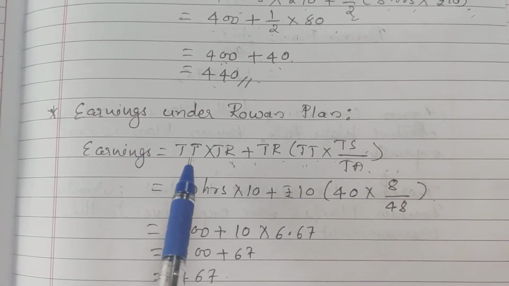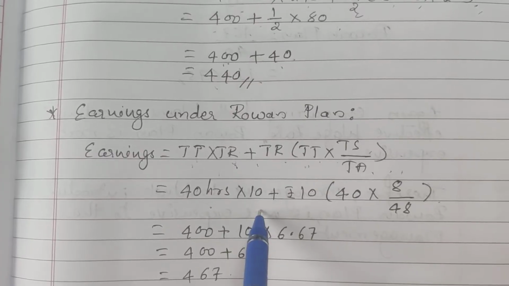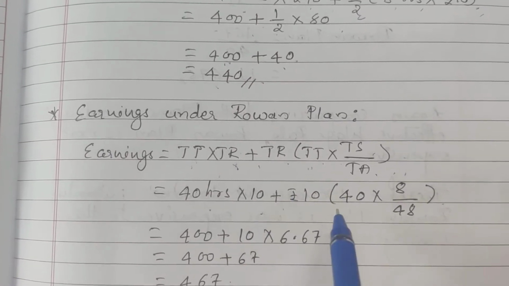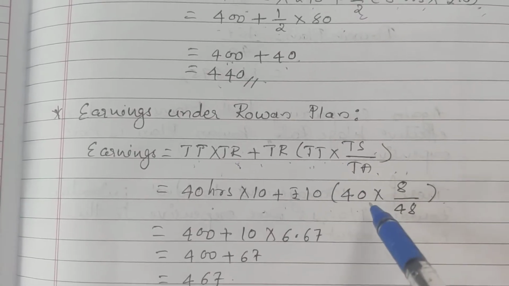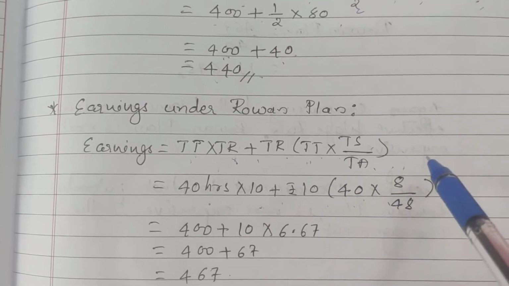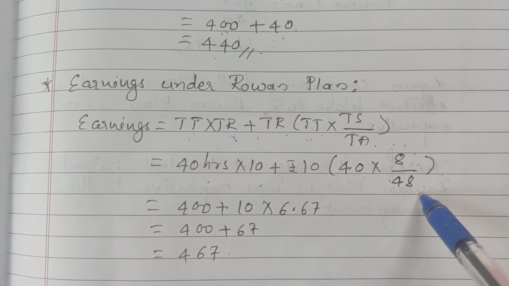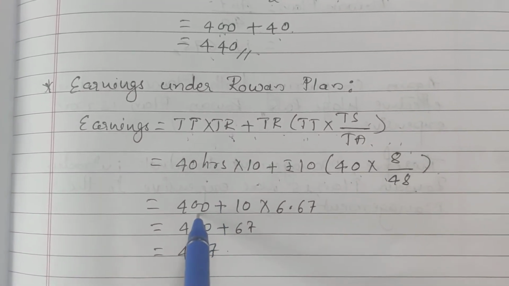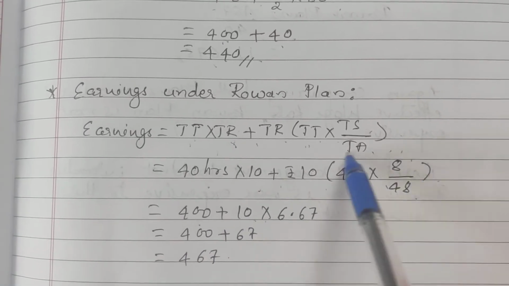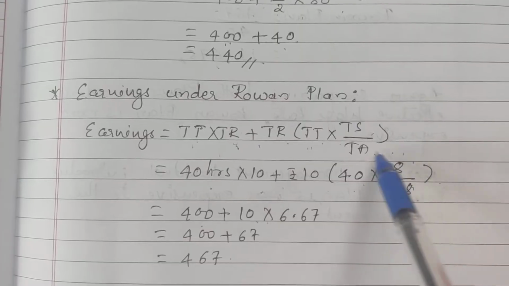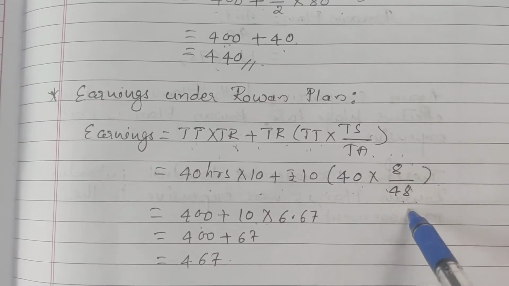Therefore, time taken is 40 hours, time rate is 10, plus time rate 10 again into time taken 40 into time saved 8 divided by time allowed 48. Therefore 400 plus 10 into, we have to simplify this: 40 into 8 divided by 48.